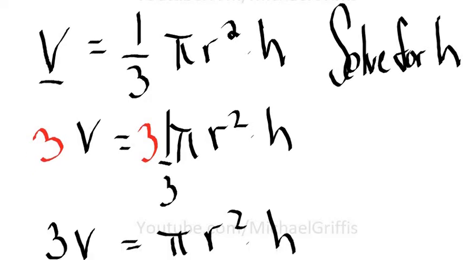Wait a minute. Volume is equal to, no, that ain't right. What is 1/3 pi r squared times h? Pi r squared times h is the volume of a cylinder. No, I guess that is right. I do believe that is the volume of a sphere.